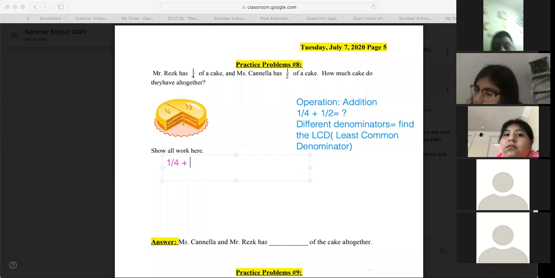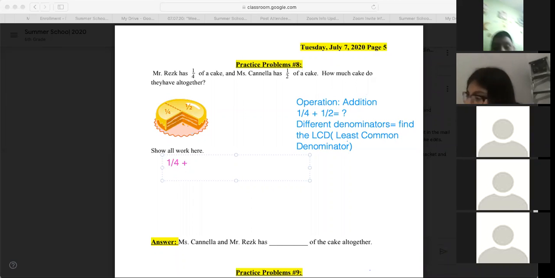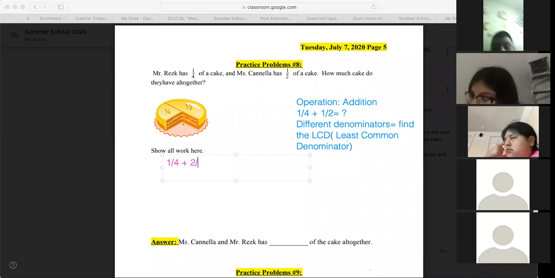And we're going to now change the 1/2 to a 4. So 2 times what gives me 4? 2. So now it becomes 2/4. Because we had 1/2, and now we want to make this become something over 4. So we have to know that 2 times 2 gives me 4.